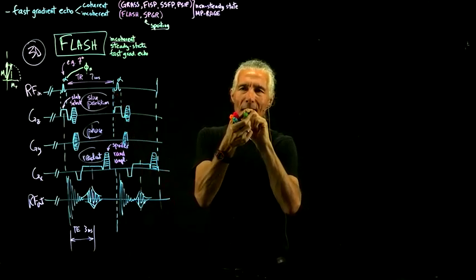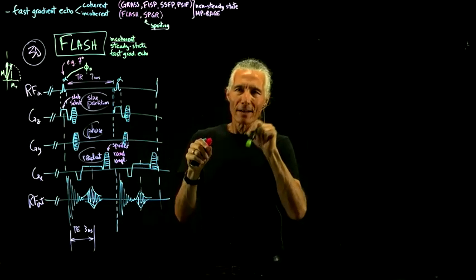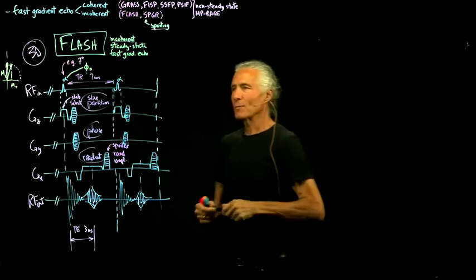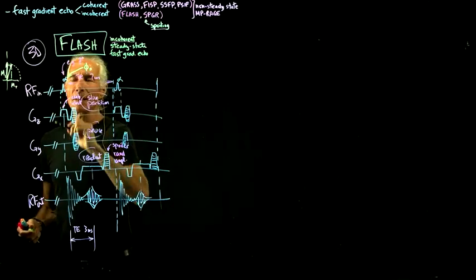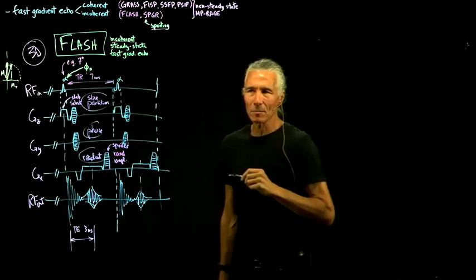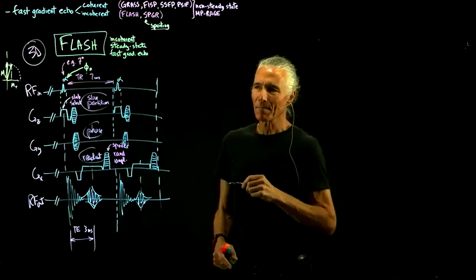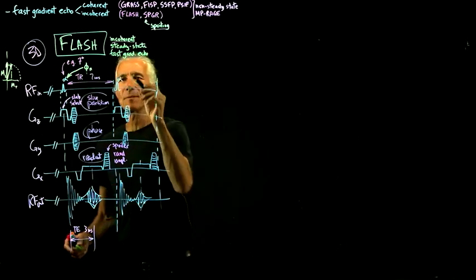That means I'm going to turn it on a quarter cycle ahead of where I turned it on the first time when I defined t equals 0. So that's what the phase means. Normally you might say, let's just stimulate with the same phase, because that would be the best way to keep the signal going. But if we don't want to keep the signal going, then let's stimulate with a different phase.